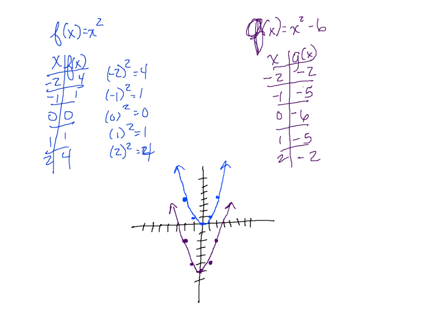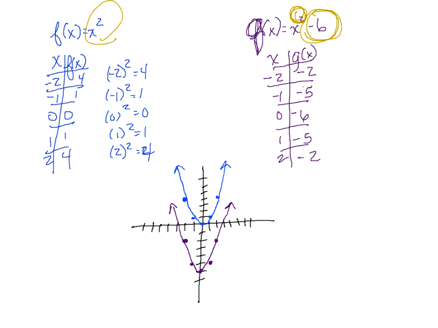Just to clue you in, although it's hard to tell because I have a hand-drawn graph here, just to give you a little peek of what we're going to be studying in a later section: whenever you add or subtract a number outside of the function itself, which would be squaring this thing, here's the parent.